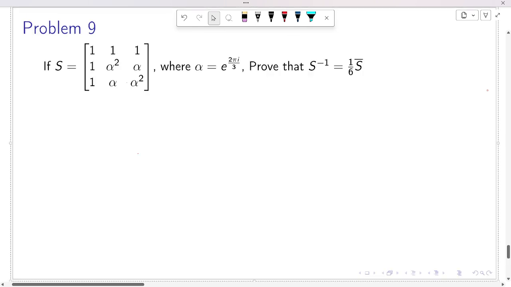So we have the last problem of this exercise, that is, if S is given to be this matrix, prove that S inverse is equal to 1 by 3 times S conjugate, where alpha is e raised to power iota 2 pi by 3.